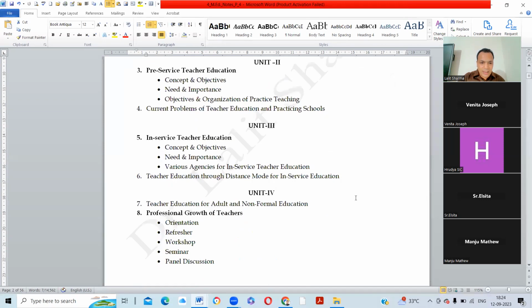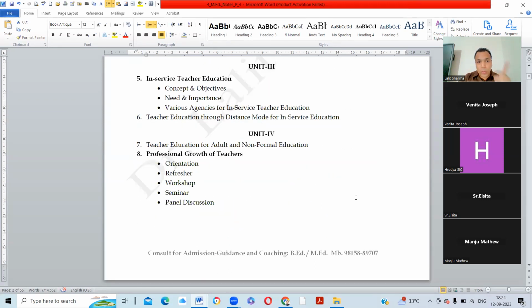And last is the professional growth of a teacher. Now see: orientation, refresher, workshop, seminar, panel discussion. What are these things? These are the courses, the programs for the upliftment or upgrading of teachers who have already become teachers. So these are the programs for the professional growth of teachers, right? And you should know which agencies offer these courses.